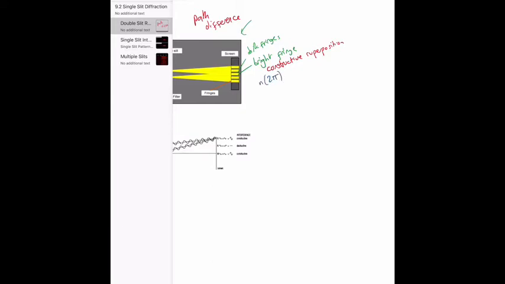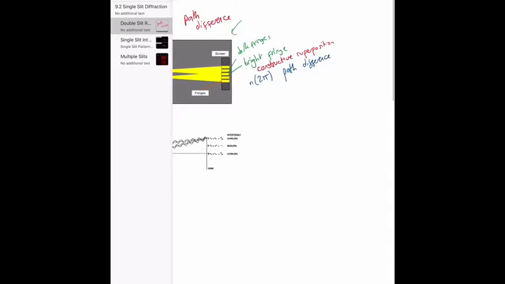But if we talk about the path difference, that's measured in fractions of a wavelength. So if we have n wavelengths, where n is an integer, then we should get a bright fringe.